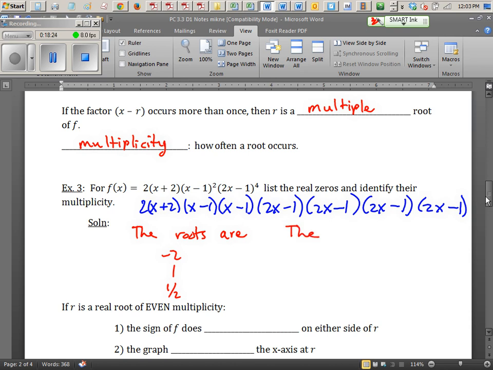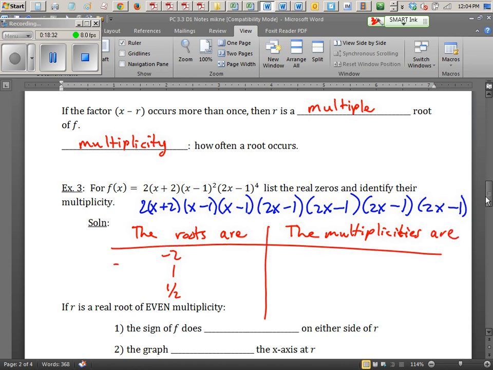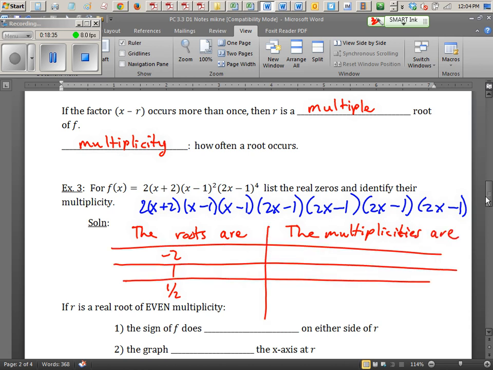And the multiplicities are, you can make a table like this. How many times did negative 2 show up as a root? Only once, right? How many times did 1 show up as a root? Twice. How many times did a half show up? 4 times. These are the multiplicities.